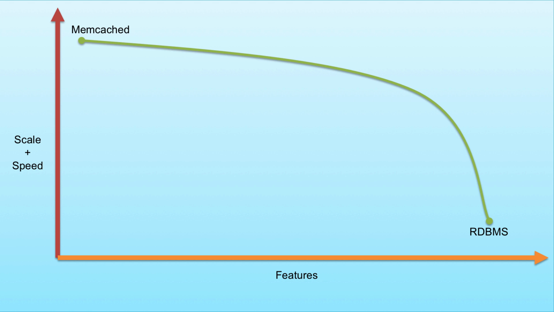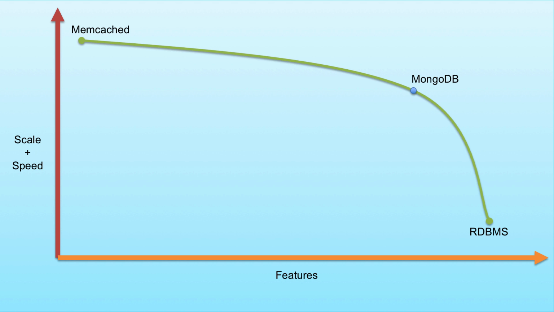All it does is cache objects in memory, with very little in the way of features for querying and so on. So hardly any features at all, just storing objects in memory. And then on the right, we have a full RDBMS, like InterBase. Basically, the idea is that you're trading off features for speed and scale between these two.